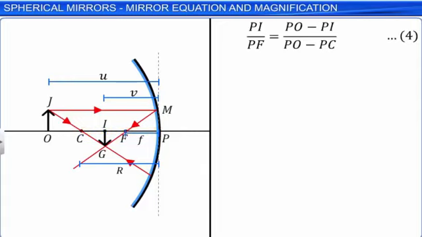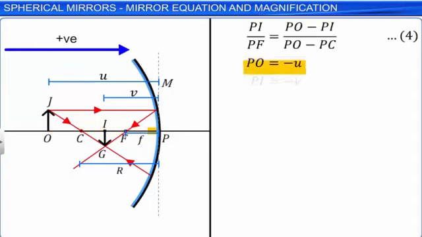Hence, the direction from left to right is to be taken as positive. Now, on application of the Cartesian sign convention, we can write that PO is equal to minus u, PI is equal to minus v, PF is equal to minus f, and PC is equal to minus R, which is also equal to minus 2f.